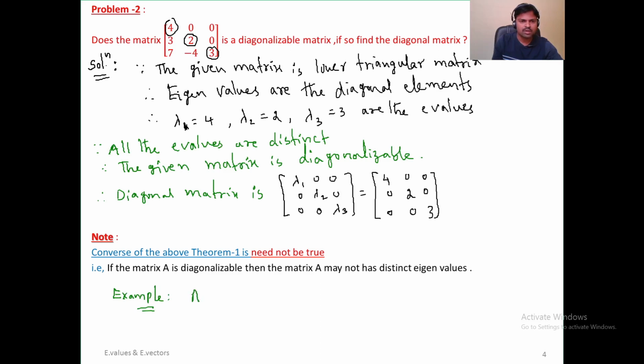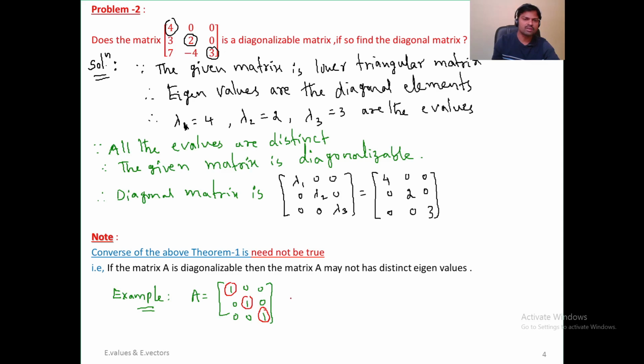So consider this 3 by 3 matrix: 1 0 0, 0 1 0, 0 0 1. Now look at this. Since it is a triangular matrix, it is both an upper triangular matrix and a lower triangular matrix. So the entries which are sitting on the principal diagonal are the eigenvalues.